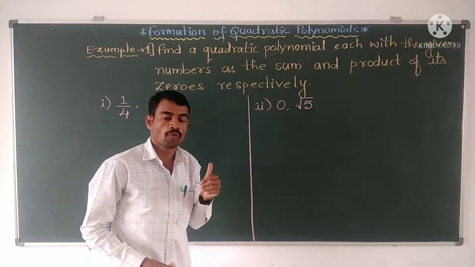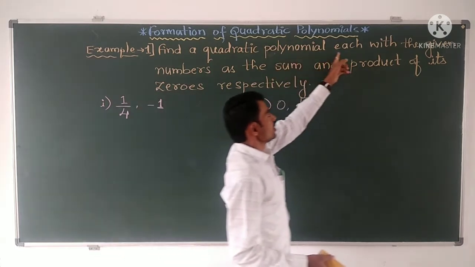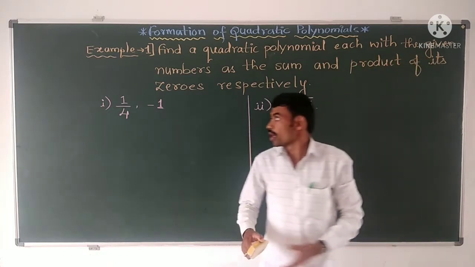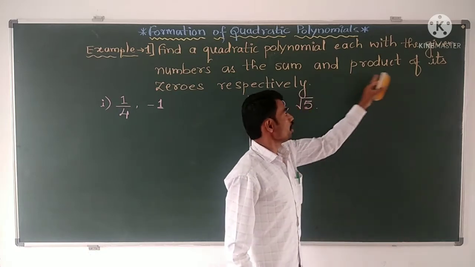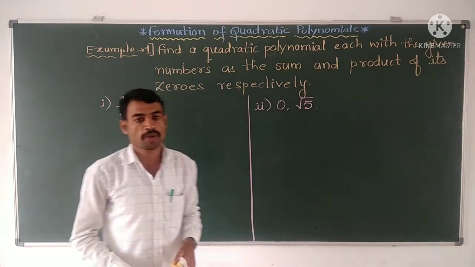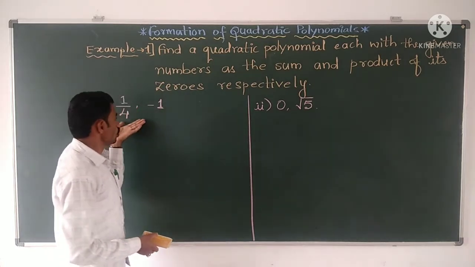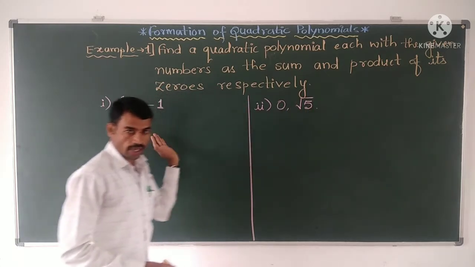We have to form a quadratic polynomial, each with the given numbers as the sum and the product of its zeros respectively. Here two examples we have taken.